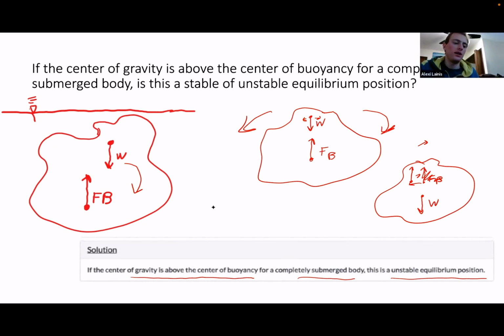So does anyone have any questions about that basic conceptual stability problem? Anybody in the chat? No? All right, you guys don't have any questions today. That's okay.